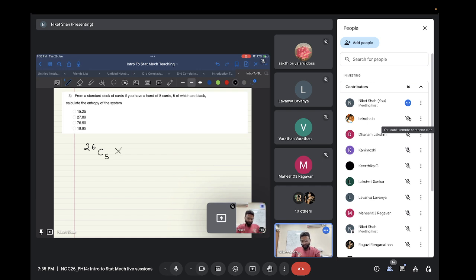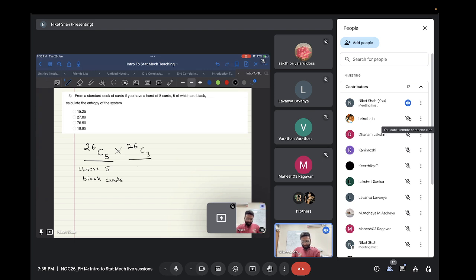And multiplied by, from the remaining 26, which is why am I doing 26C5? This is for choosing 5 black cards. And then I'm doing 26C3.